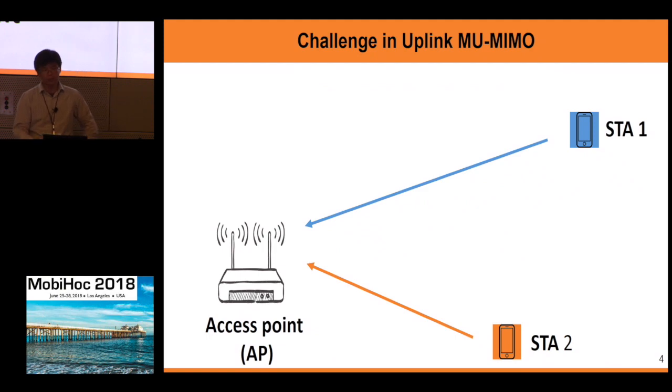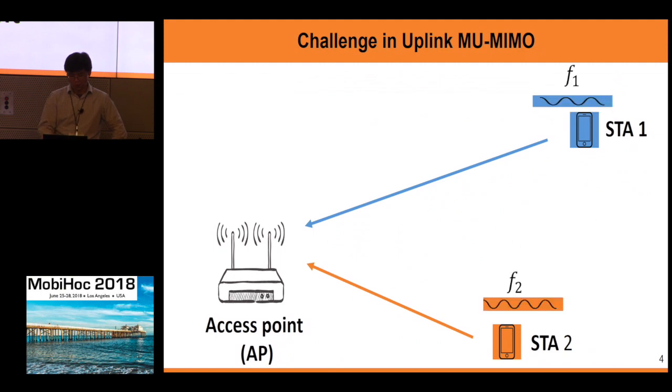Because the two stations use independent clock sources, even if we set the frequency the same, like 2.4 gigahertz, the clock sources are independent. So there's a carrier frequency offset: F1 and F2 will be slightly different from the access point frequency, and these two frequency offsets will be different.